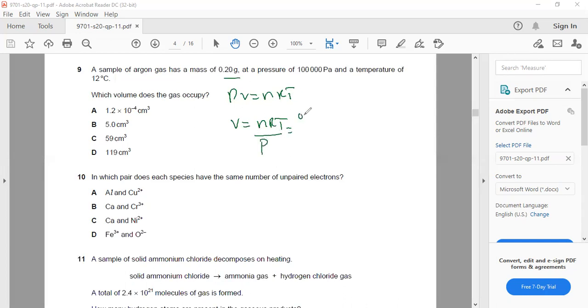Moles of argon is mass upon atomic mass, 0.2 gram. Argon is, I think, 40. Temperature is 12 degrees, so 12 plus 273. Pressure is already in Pascal, 1 times 10 to the power 5.